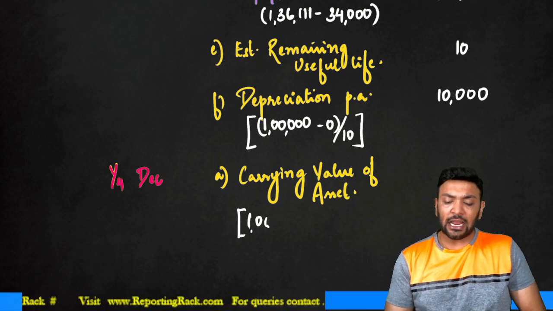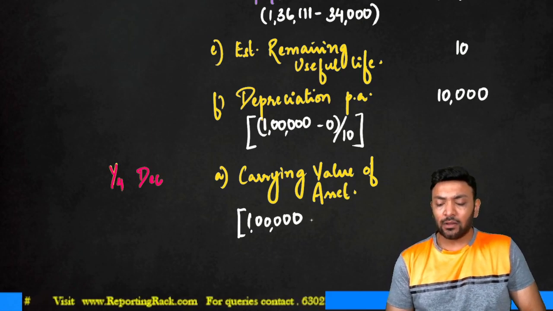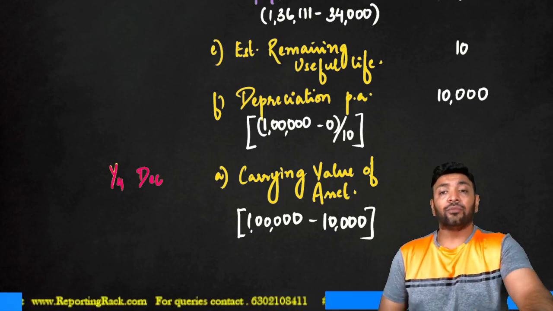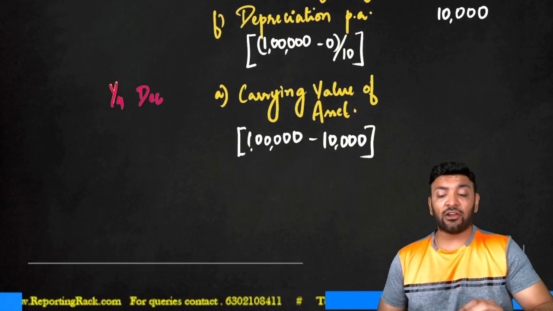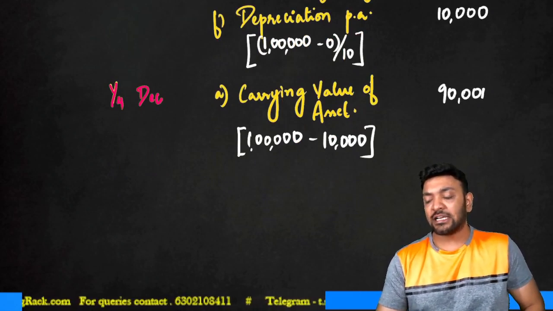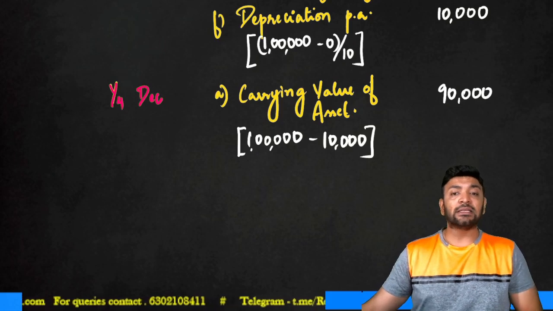The carrying value at the beginning after impairment is 1 lakh, on which I am charging a depreciation of 10,000. Therefore, the net carrying value of the asset after impairment and the depreciation for the first year after impairment is 90,000.